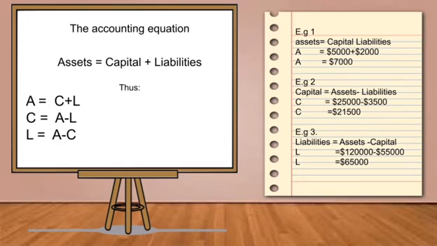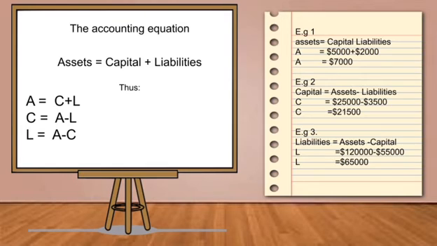So for activity 1, example 1, we are going to add the $5,000, which is capital, plus the $2,000 for liabilities, and that is going to give us an asset of $7,000.